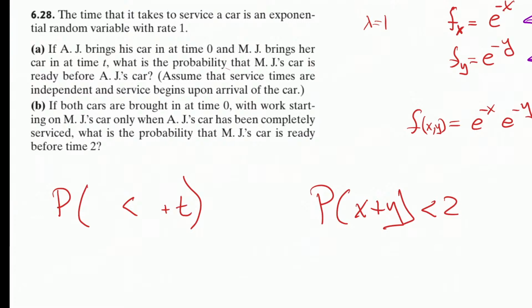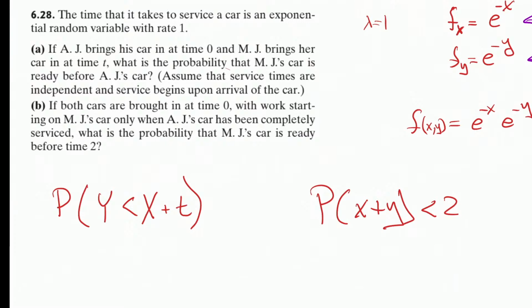So let's see, MJ is X, AJ is Y. So if AJ's car plus T, whatever T is, is greater than MJ, which is Y. There, that's what we're looking for.